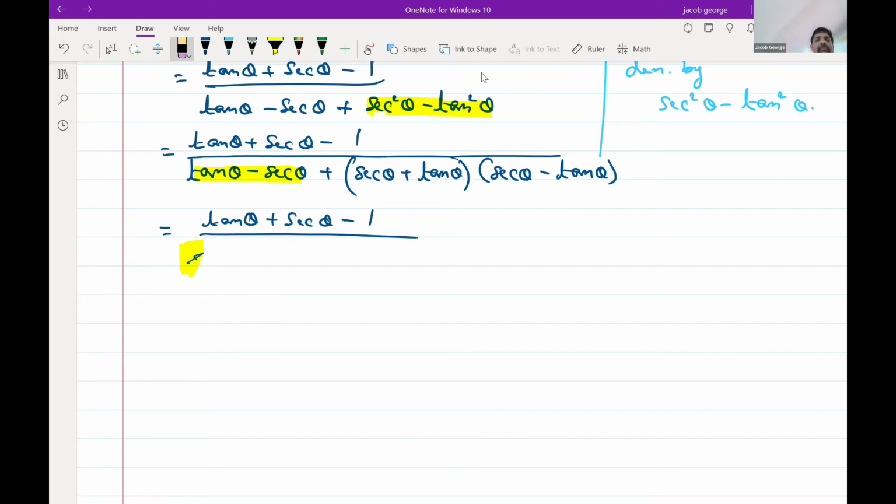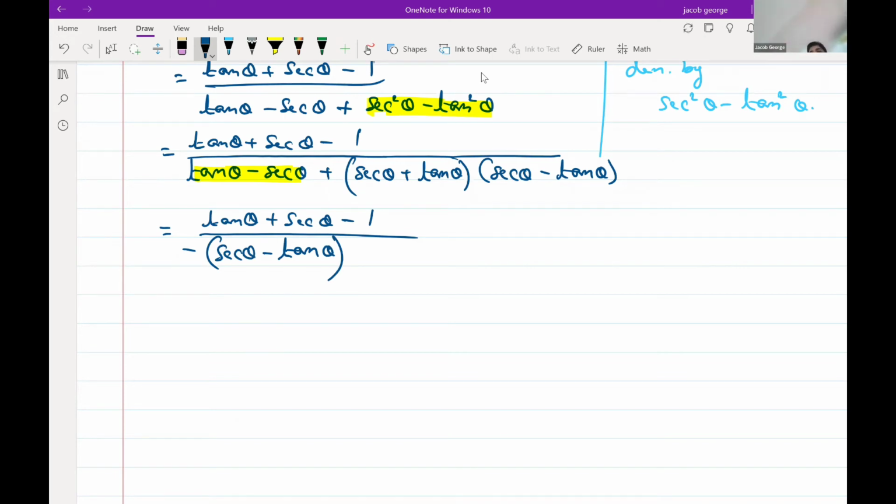So the first term becomes minus of sec theta minus tan theta. Is that clear? When we take minus outside, the term reverses, sec theta minus tan theta.